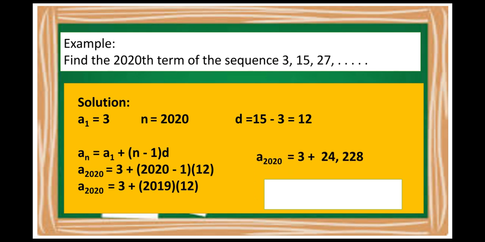And to calculate this, we have 3 plus 24,324, since 12 times 2027 is 24,324. And to add them, we have 24,327, which is the 2028th term of this sequence 3, 15, 27, and so on.